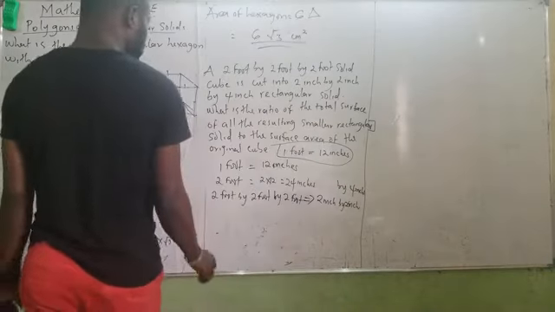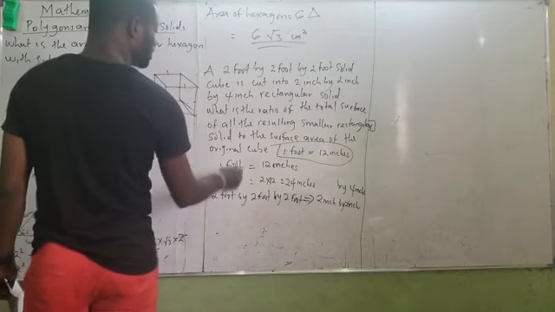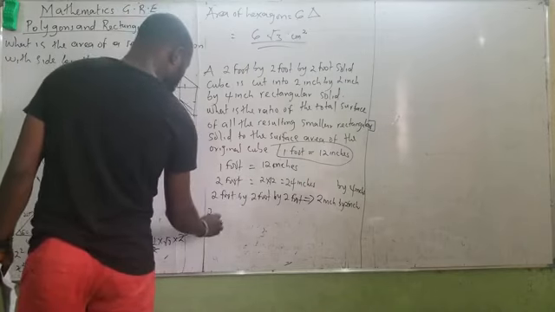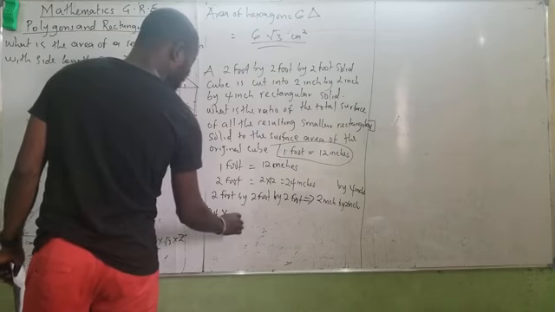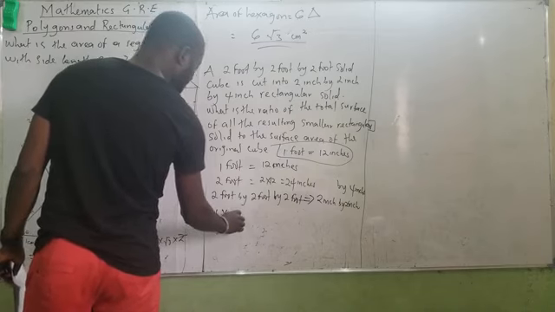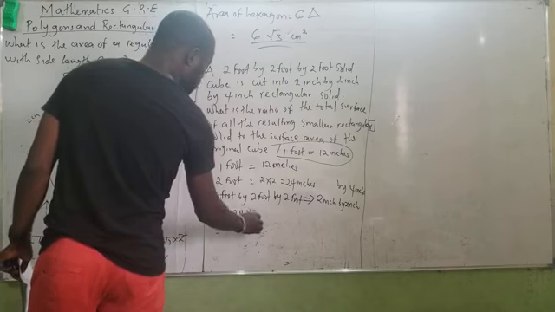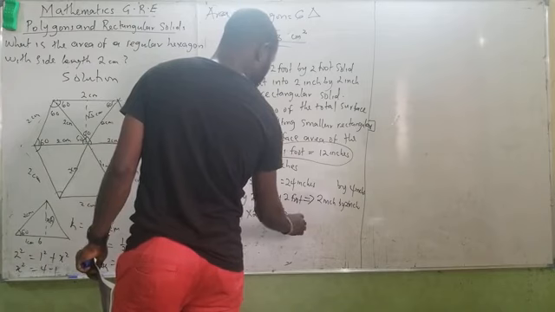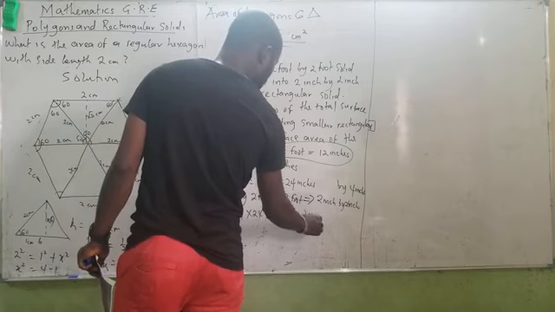Now, what I just need to do is convert these 2 feet to this, so I'll be having 24 multiplied by 24 multiplied by 24, which implies 2 multiplied by 2 multiplied by 4.